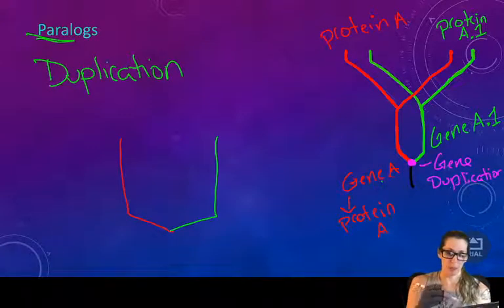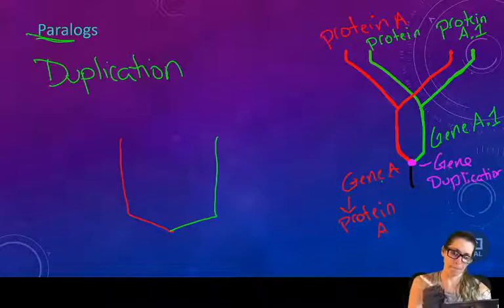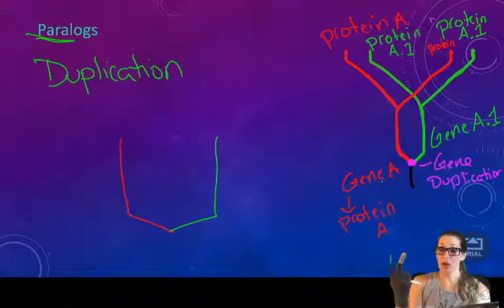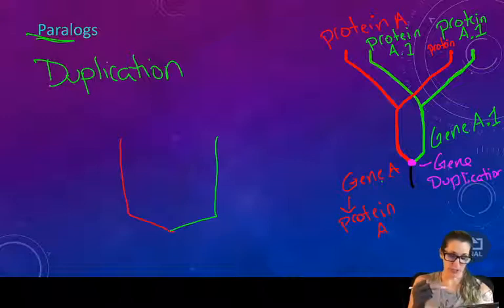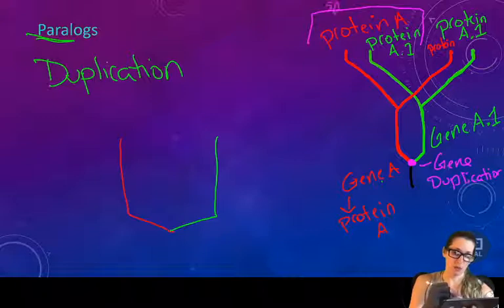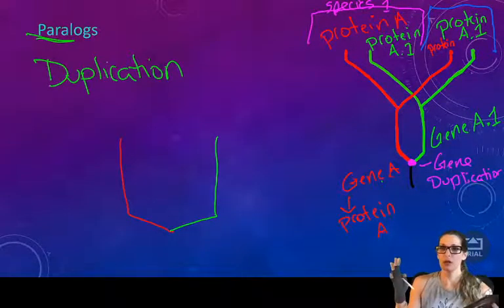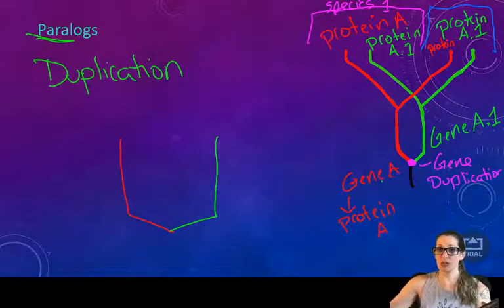So what can happen is that the way these paralogs evolve and change can be different for different species. So if this is species 1 and this is species 2, those species are going to experience different evolutionary pressures.